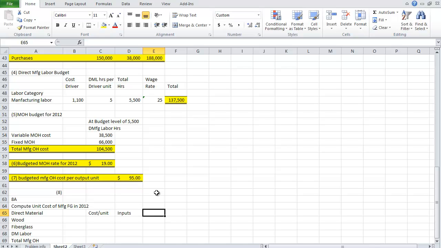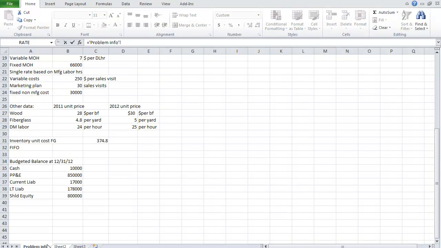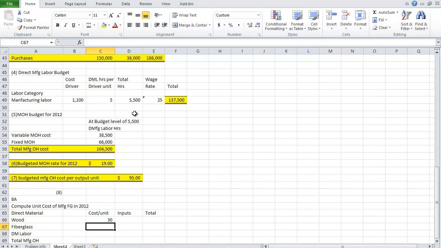Let me back up for a second and explain this a little more. When I say the cost per unit of input, in this column I'm going to put the cost per board foot, the cost per yard, the cost per hour. That's what I mean by that column.